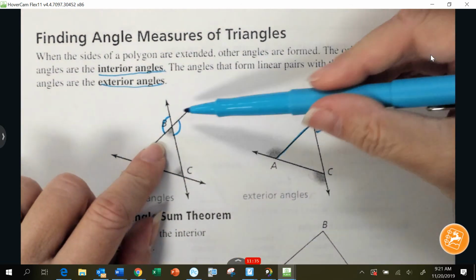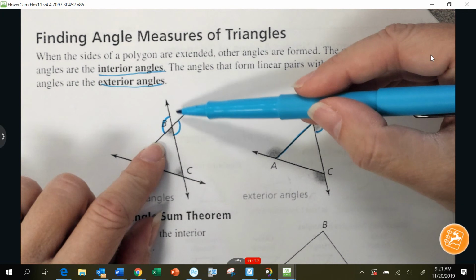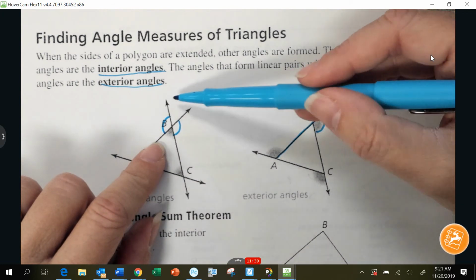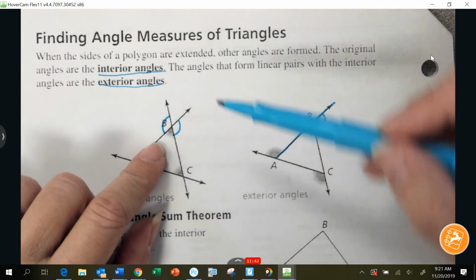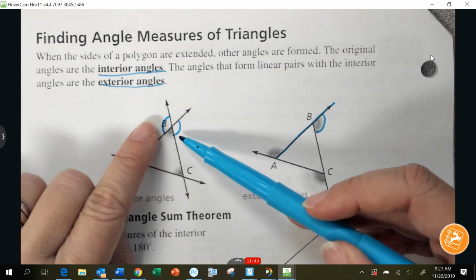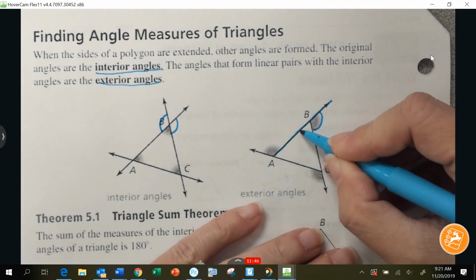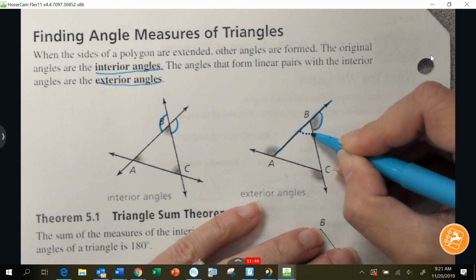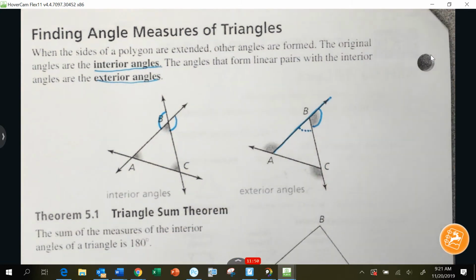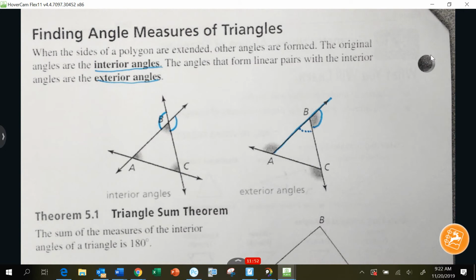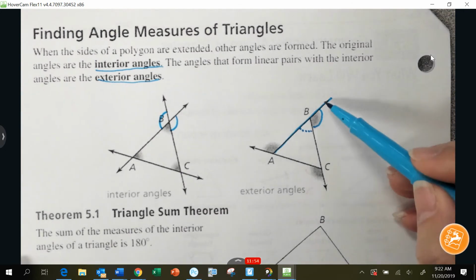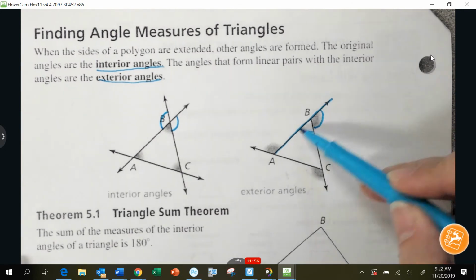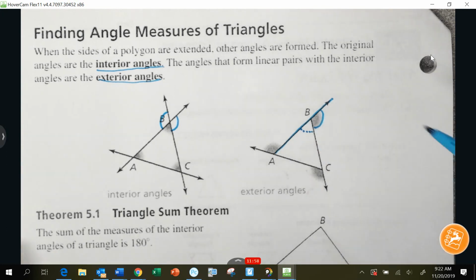It's not going to be the angle that connects the two extended lines. It's going to be these two angles. Here's another way to think about it. They are a linear pair with an interior angle. What does that mean if they're a linear pair? They share the same side, they both make a line of the other side, but what also does it mean?